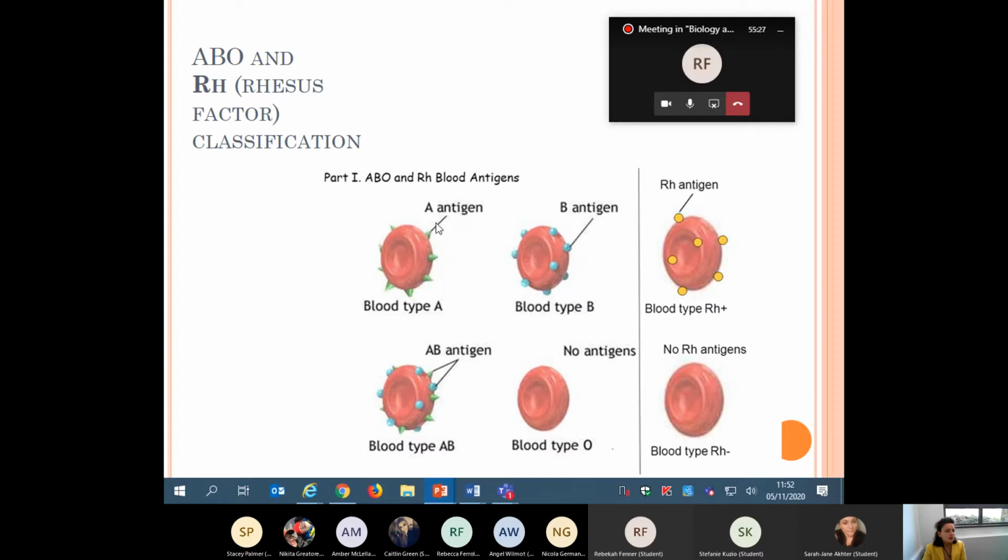Basically, the idea is that these proteins all have unique shapes. If you have a particular protein of a particular shape, somebody decided we're going to call that A antigen, and somebody who has red blood cells with those particular proteins is known as having blood type A or blood group A.